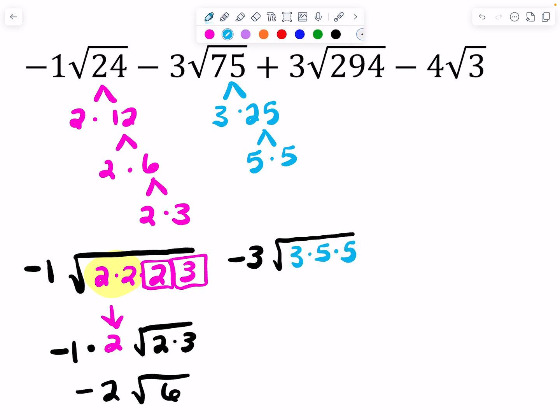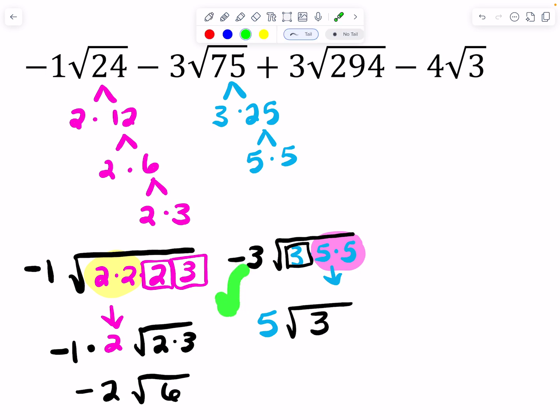We are looking for groups of 2. So we have 2 5's here. That tells us a 5 is going to come outside, and we're going to be left with the square root of 3. 3 will stay inside, and don't forget this negative 3 is going to be multiplied in the front.